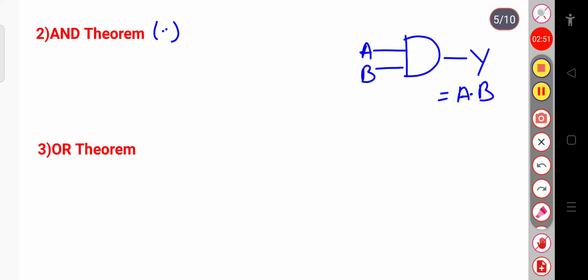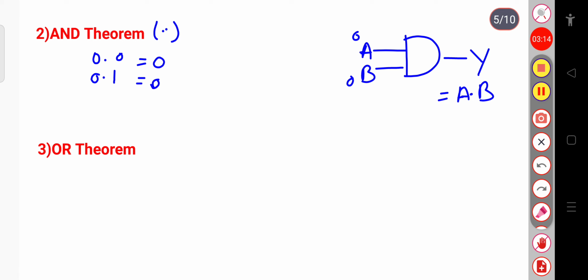This dot represents the AND gate. If you put terminal A as 0 and terminal B as 0, then 0 into 0 gives 0. If A is 0 and B is 1, then 0 into 1 is also 0.